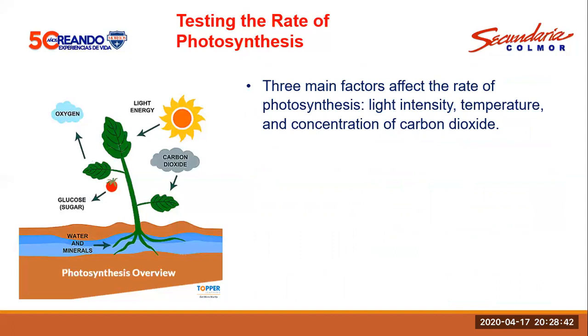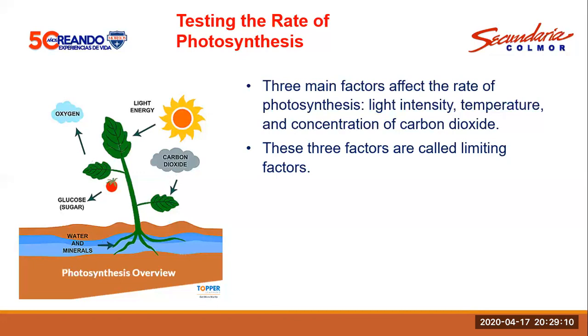The other factor is the temperature of the air or the atmosphere, right? It could be just right, too hot, or too cold. And finally, the third factor is the concentration of carbon dioxide in the atmosphere, either too much or too little. So these 3 factors are also known as the limiting factors, right?